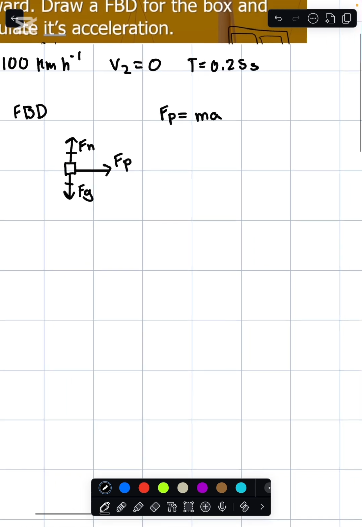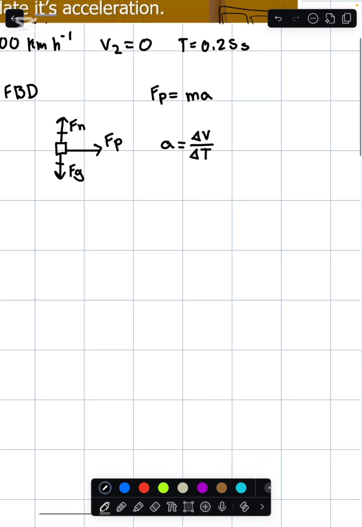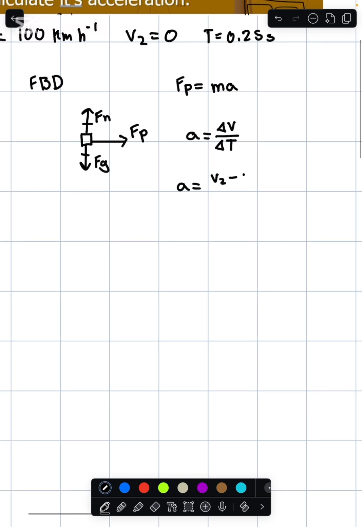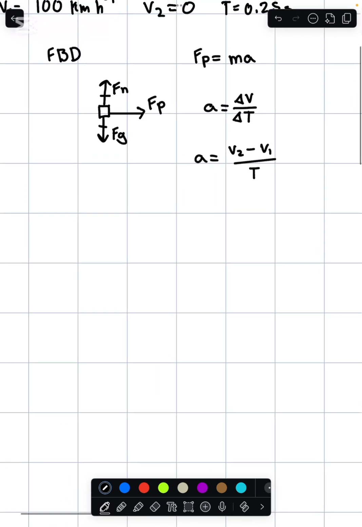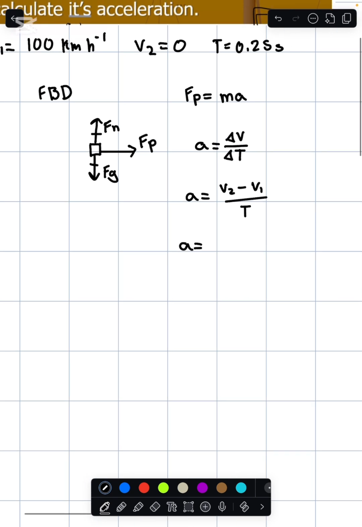We have two velocities, so we're going to use the equation A is equal to delta V over delta T. We already know that our delta V is going to be V2, our second velocity minus our first velocity, all over our time. If we just sub in our values for A, it's going to be 0 minus 100.